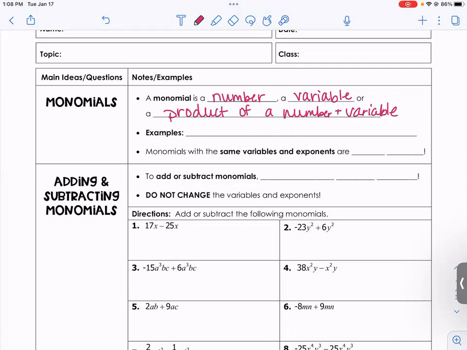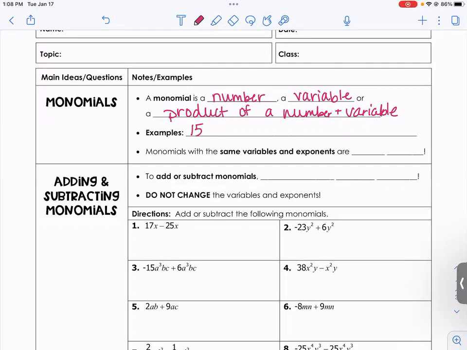And we're going to work with monomials in terms of adding, subtracting, multiplying, dividing them all week into next week. Okay. So when I'm talking about a monomial, it could be one number like 15.